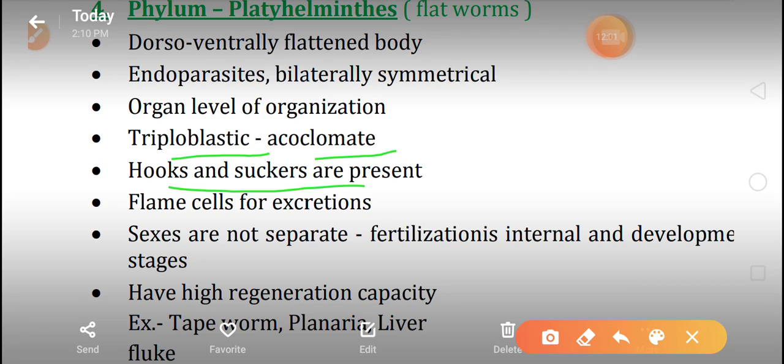Hooks and suckers are present on their body, by the use of which they can take their food. They have special cells called flame cells, and these cells are used for excretion, that is, removal of waste material from the organism.